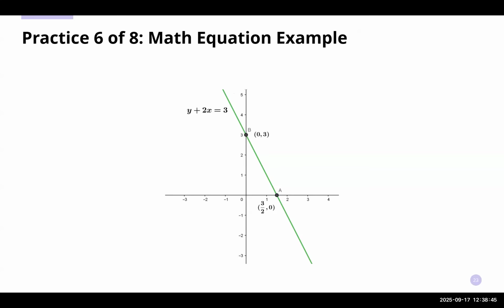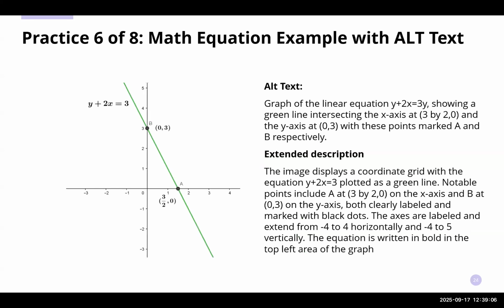What do you think about this one? It could be a little confusing, but give it a try. What could be the best alternative text for this? Without wasting much time, I'll quickly jump to the sample text. Next slide, please. So let's break down the alt text for the graph we just looked at.